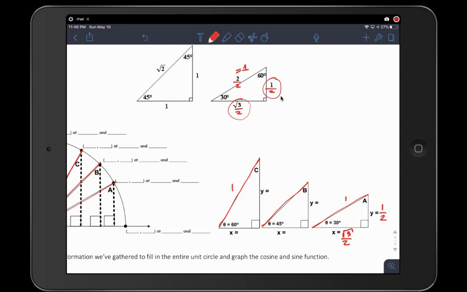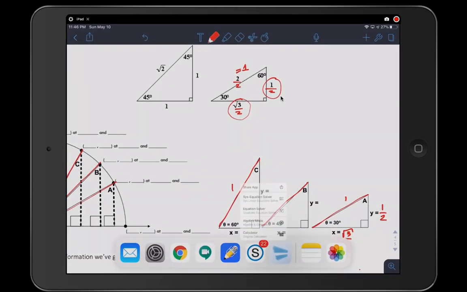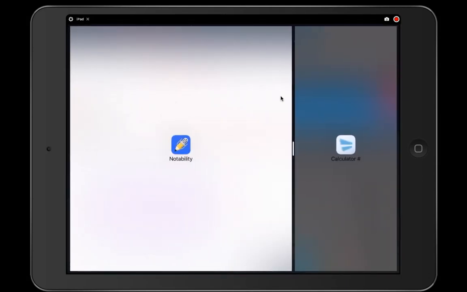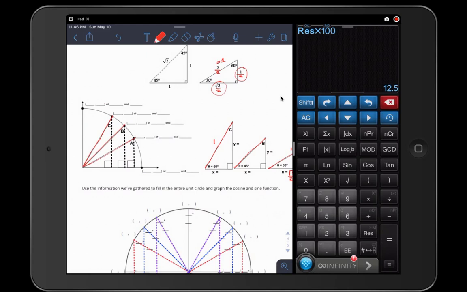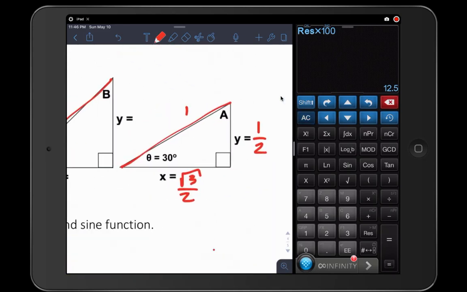Now, if you remember when we were doing this on our calculators, let me get my calculator out here. We were using cosine to find the x and sine to find the y. Well, it just so happens that that still applies here. So let me make sure I'm in the right mode here.